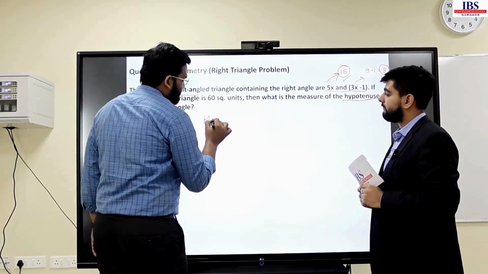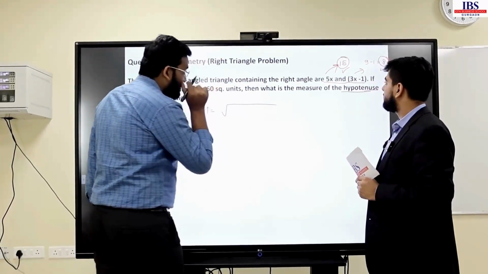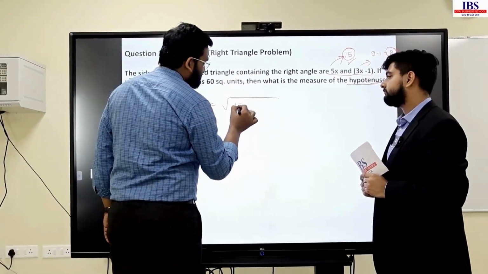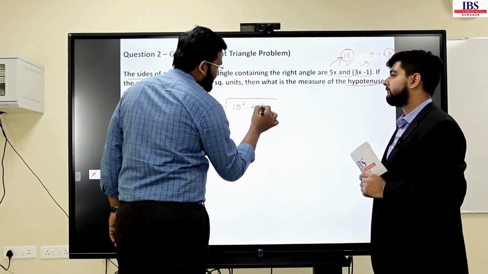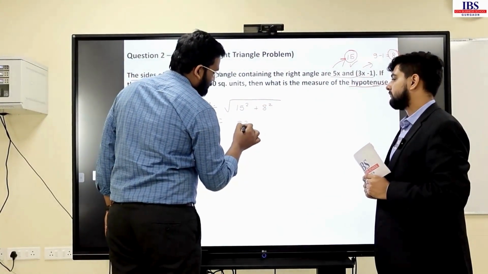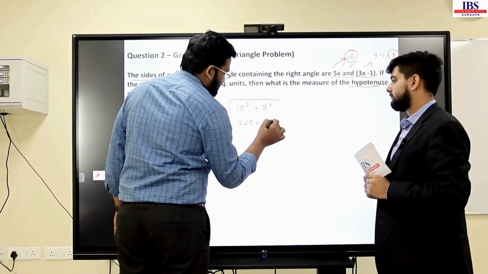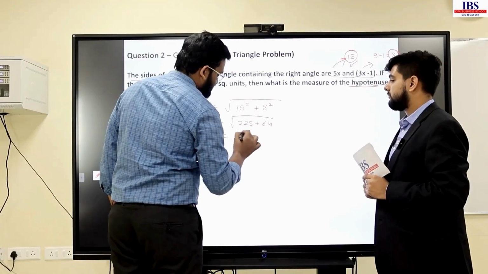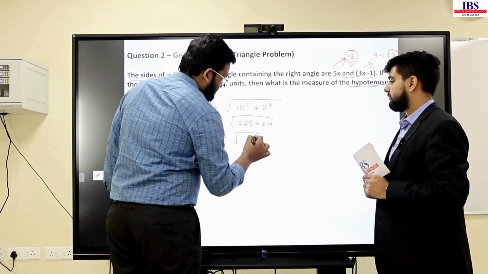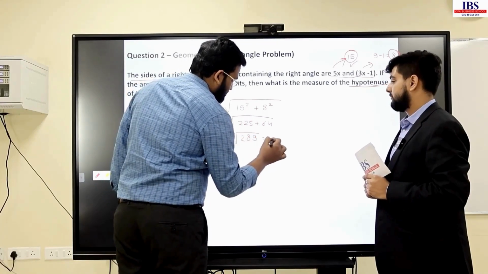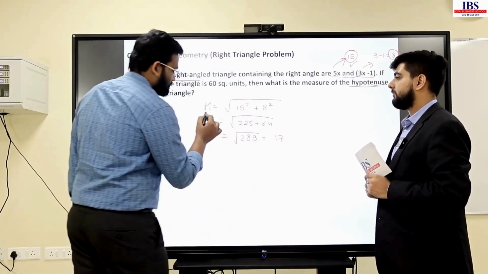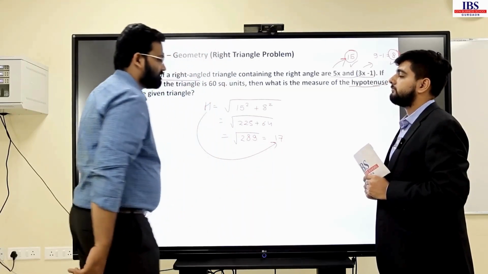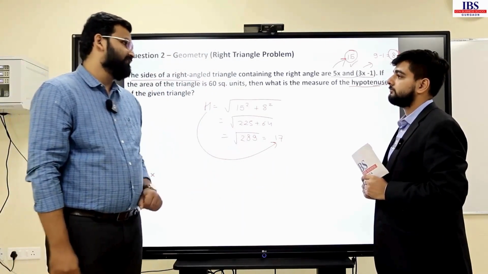So we know the formula of hypotenuse is equal to under root of the sum of squares of both the sides. So 15 square plus 8 square, this is equal to under root 225 plus 64. It is 289. So the answer is 17. So we can say that the hypotenuse of the right angle triangle is 17 units.